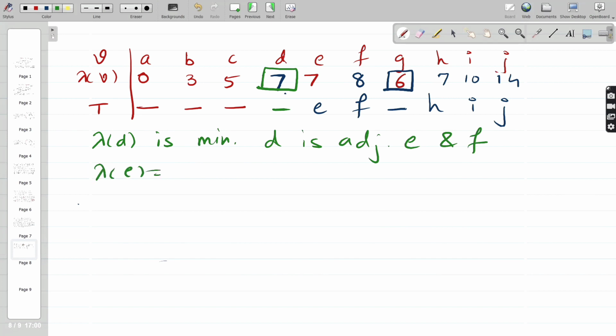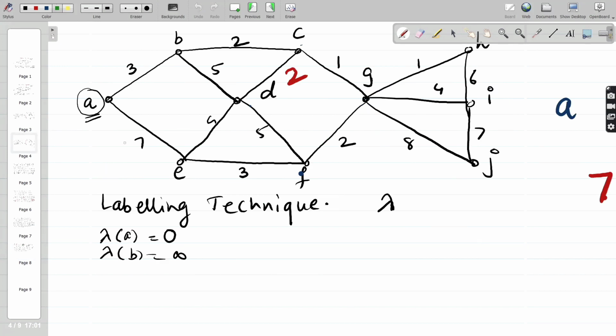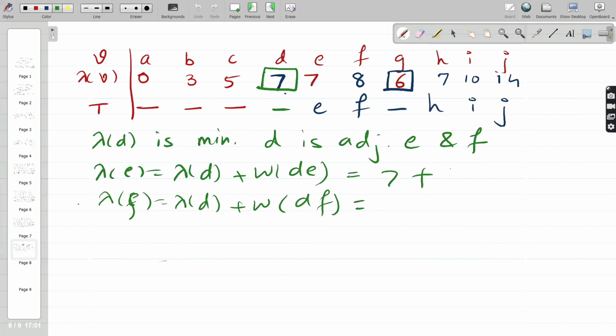So lambda E is equal to lambda D plus weight of DE. Lambda F is equal to lambda D plus weight of DF. Lambda D is 7, DE is 4 and DF is 5.